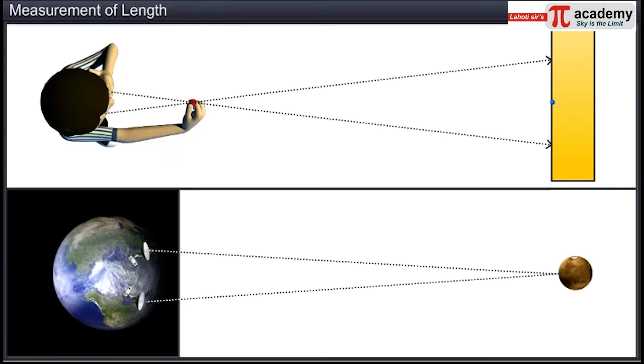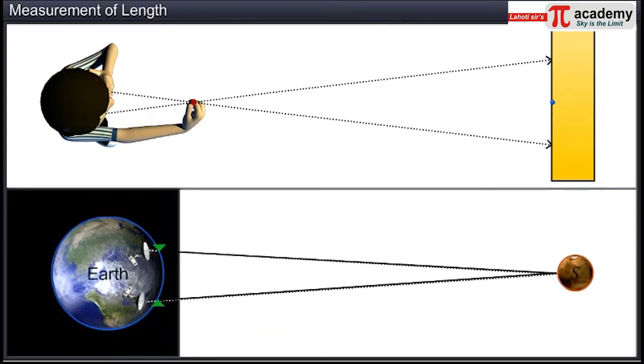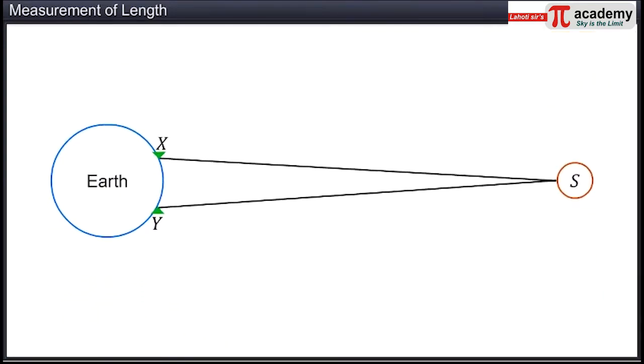We use exactly the same method to measure the distance of a distant planet. Instead of two eyes, we view the planet from two different observatories on the Earth at the same time. Let X and Y be two observatories viewing the planet S from two locations on the Earth.